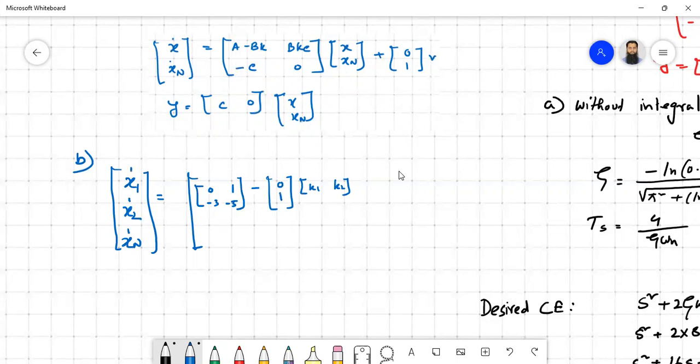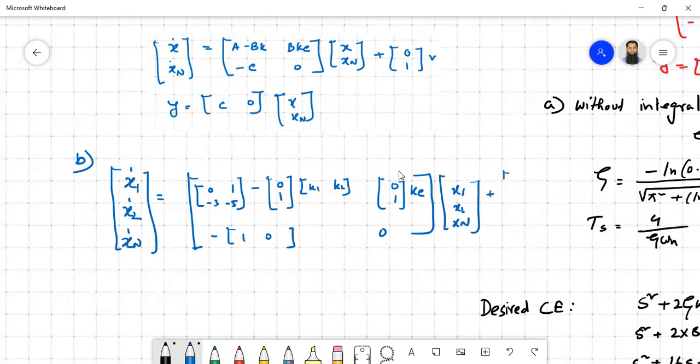With that, you should have your B, that is 0, 1 and K, the new gain that we have introduced after the integral control. Then you have minus C. So basically minus 1, 0, that is minus C and 0. And this will be your state variables x1, x2, xn plus 0, 0, 1 R.